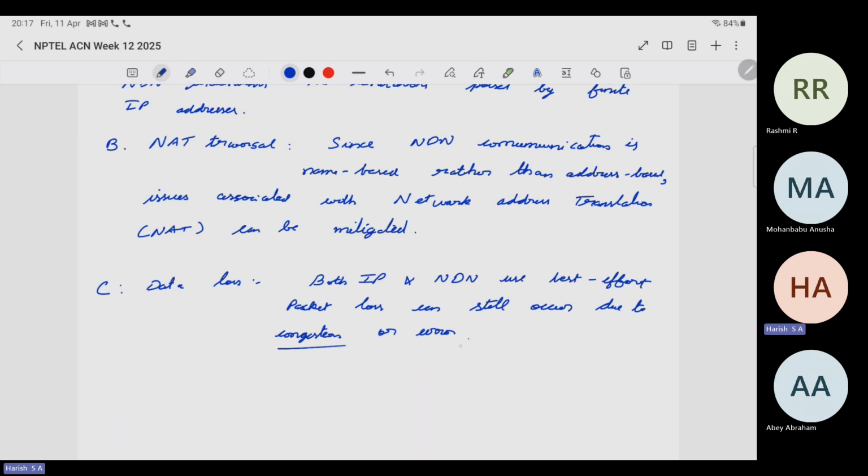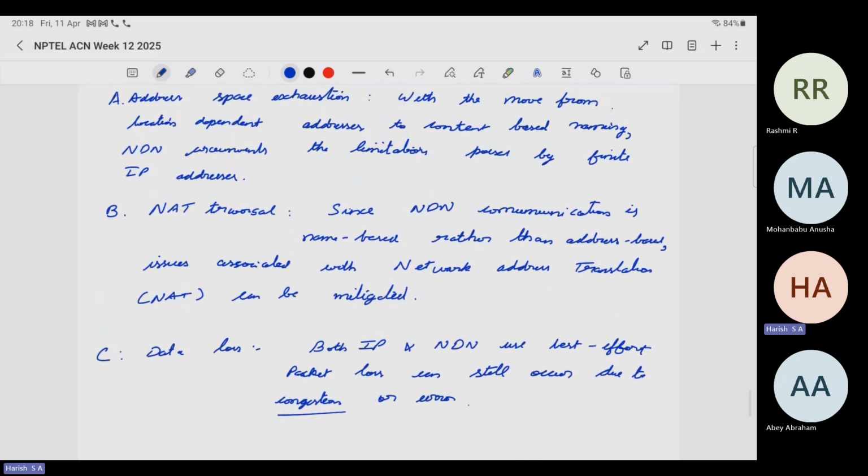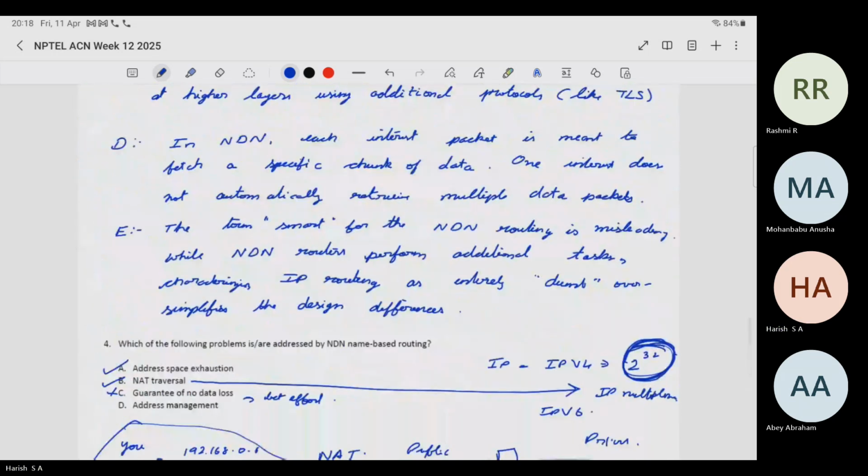Data loss is basically the way TCP works, right? You overload the network in the beginning, and then you test the network, you push the network to the limits, and then you pull back, and then you slowly optimize the rate of data being sent. Again, this is when I'm talking about traditional IP networks. NDN pretty much does nothing more than that. It just changes the way in which content is addressed. Other than that, the transport mechanisms are not going to aid in guaranteed delivery. So which means C is not the case.